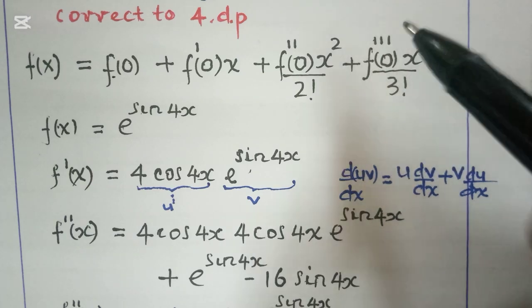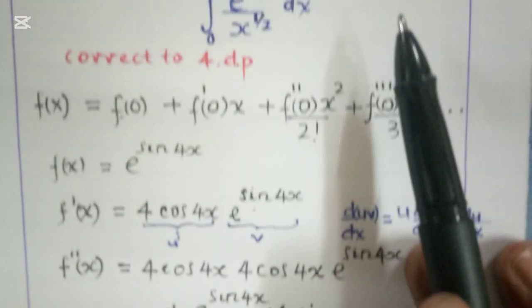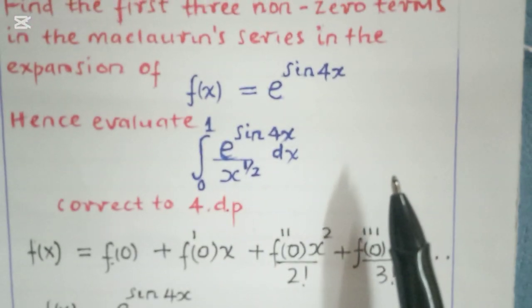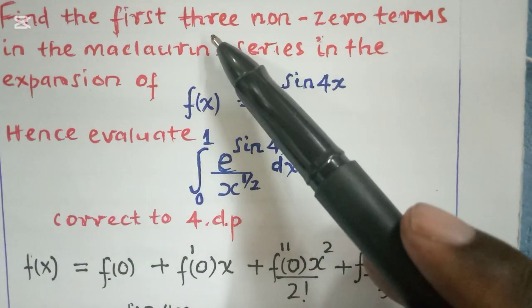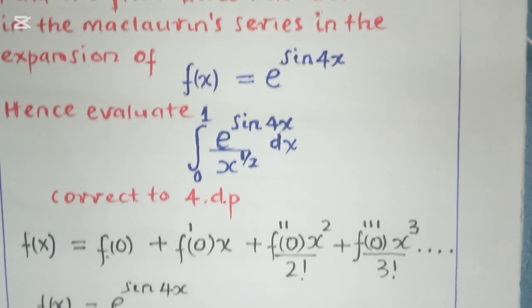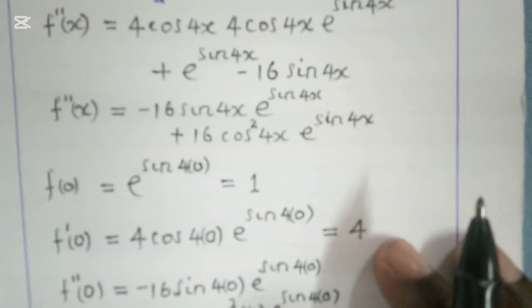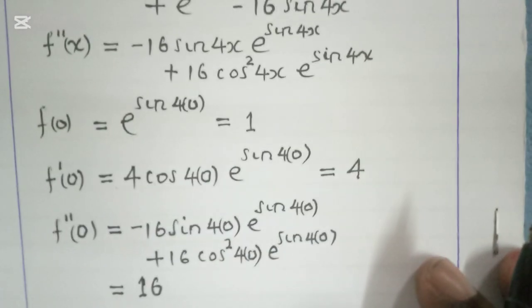But now, guys, we have already been asked to find the first 3 non-zero terms. So we are looking for 3 terms. So guys, we come and now write our solution here. And here is our solution, guys.